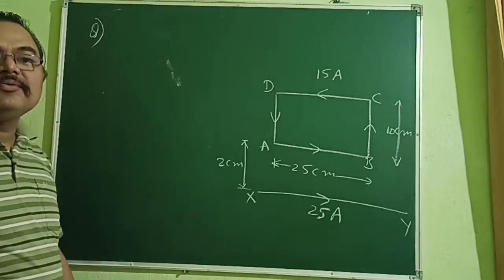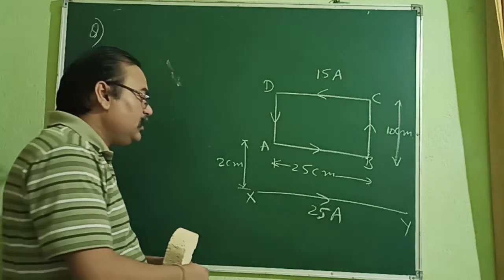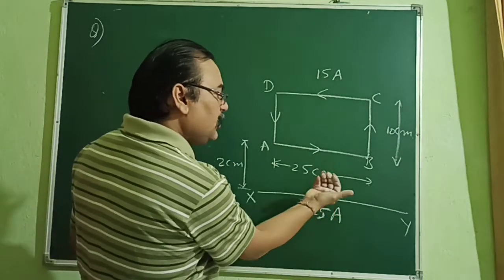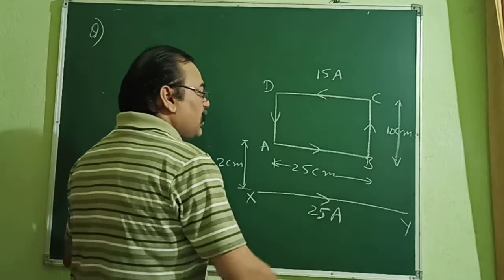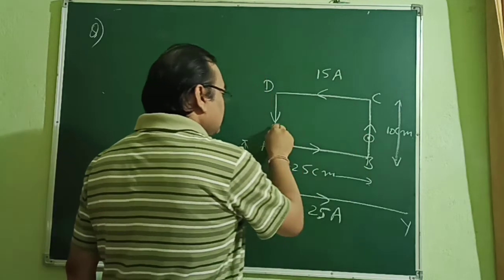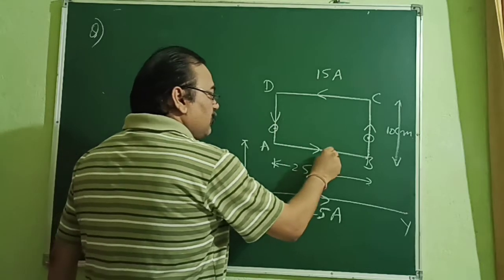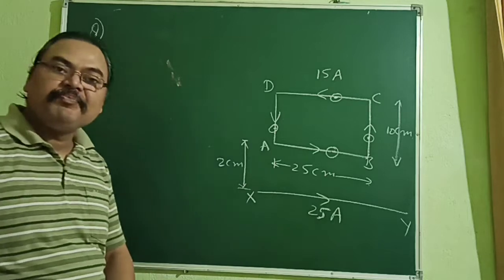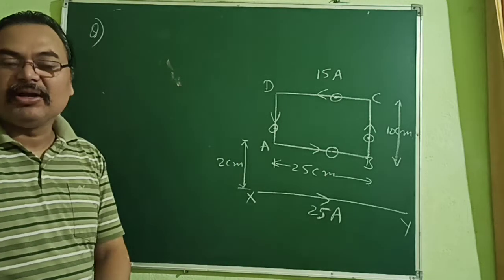Now we need to find out the force. Before going to that, if this conductor is carrying current in this direction, its magnetic field will be in the upward direction on this side, and here also it will be like this, and here also. This is the direction of magnetic field.